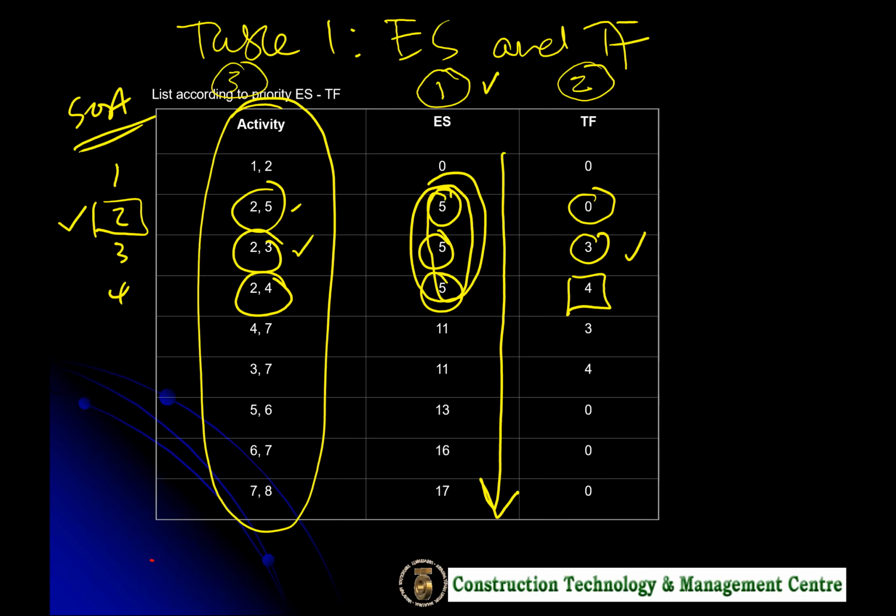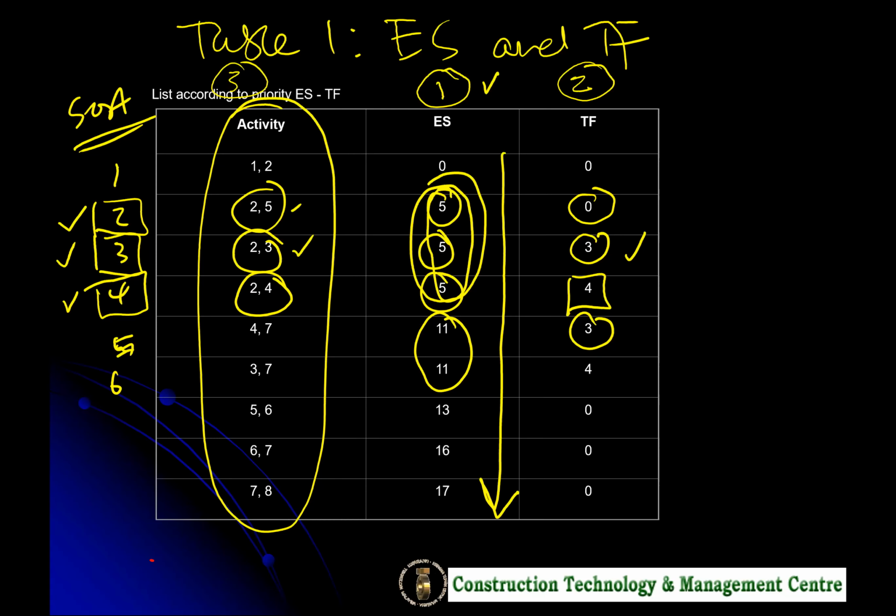So this is prioritized, and we put this activity as number 3. Then the last one is number 4. The next activities also have a similar thing, but the one which has the least total float will be prioritized. This is item number 5, this is item number 6. That's how you come up with this listing.